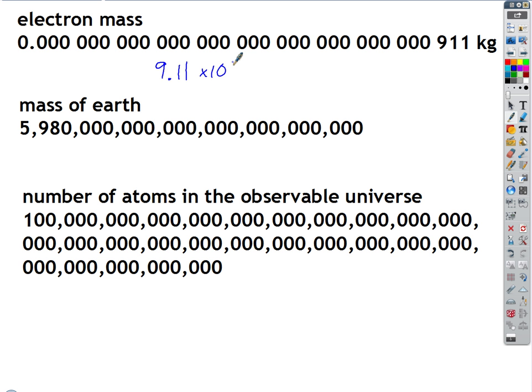What we really want to think about is how far we had to move it from 9.11. We had to move it left to get there. Either way you think about it, if the decimal starts off to the left of our first digit, that means it's a negative exponent in scientific notation. Or, if you prefer, I have to move the decimal to the right to turn it into scientific notation, or this number is less than 1. They're all consistent with each other. So this is times 10 to the -31 kilograms.